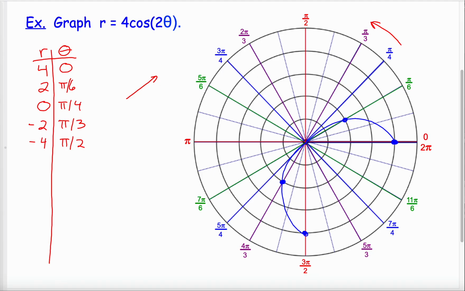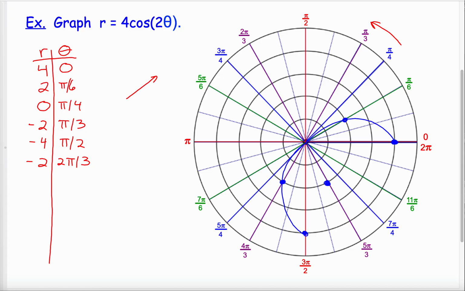Okay, we keep going. We go 2 pi over 3. Now I'll start going through the evaluations more quickly. So if you want to hit pause and try them yourself or fill out the table yourself first, might be a good idea. 2 pi over 3, I double it, gives me 4 pi over 3. The cosine is negative 1/2 times 4 is negative 2. So at 2 pi over 3, I'm going 2 in the opposite direction.